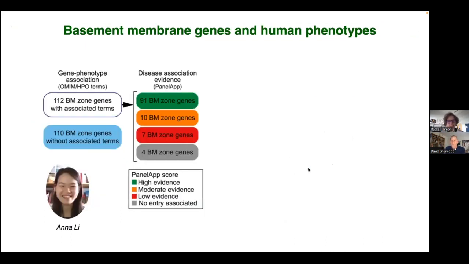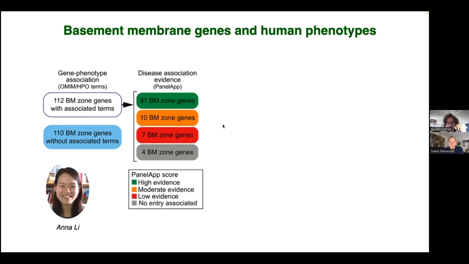So we first asked how many of these genes have associated human phenotypes. And so what Anna used was the OMIM and human phenotype ontology databases, and found that 112 had associations already. And as you can see on the right part of this first diagram, 91 of those had definitive evidence of causing disease in the Genomics England panel app.